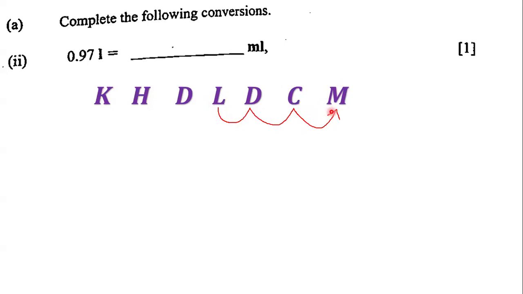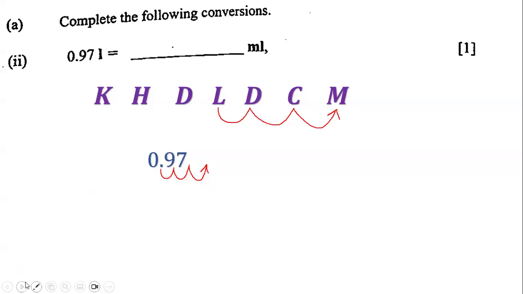So we have 0.97, and we're going to move that over 3 times to which direction? 3 times to the what? Right. 3 times to the right. So we have 3 times to the right, so it's going to be 1, 2, and 3.